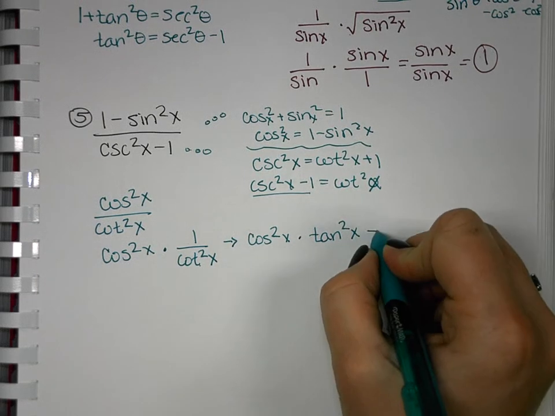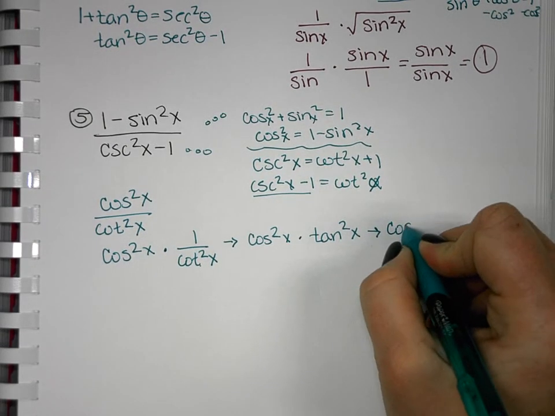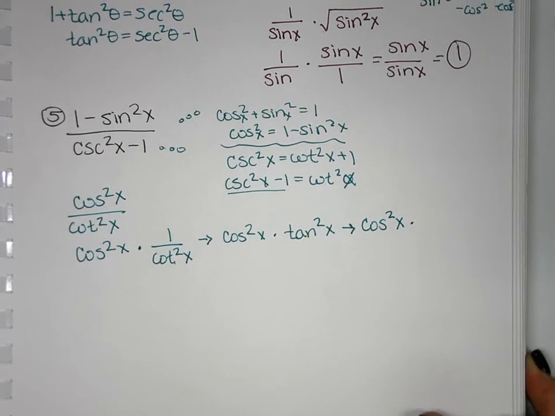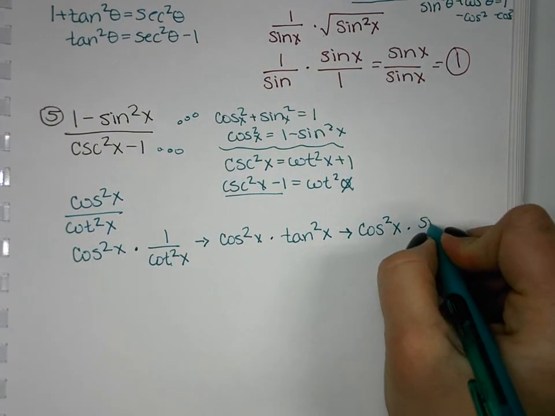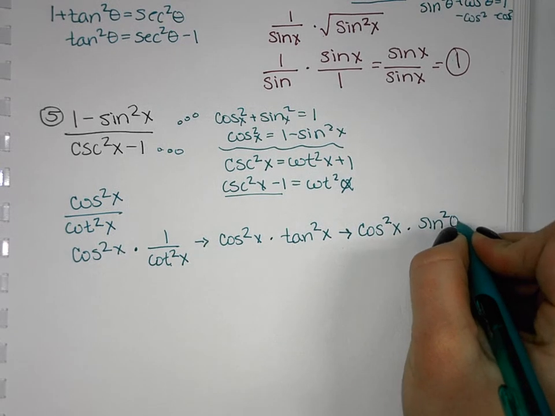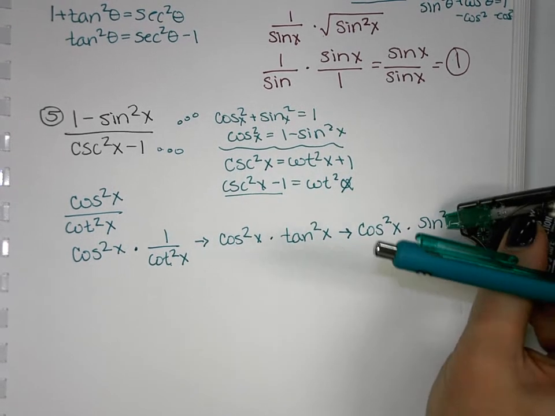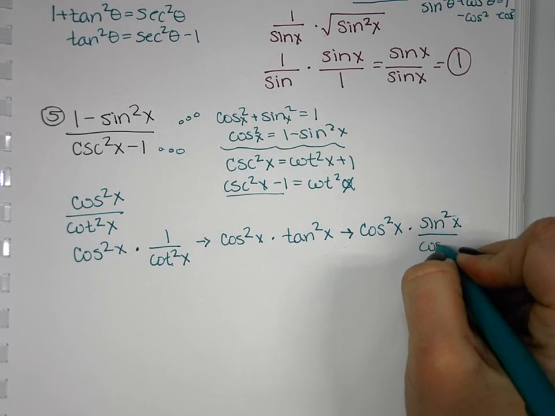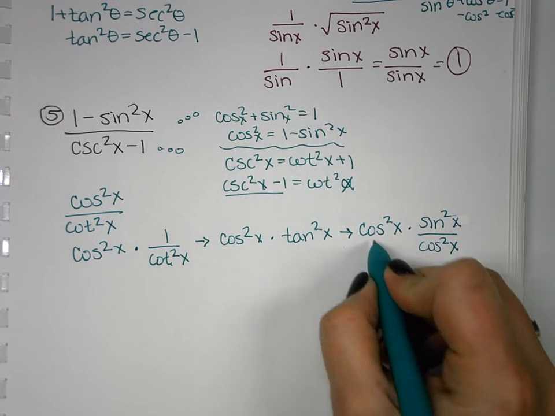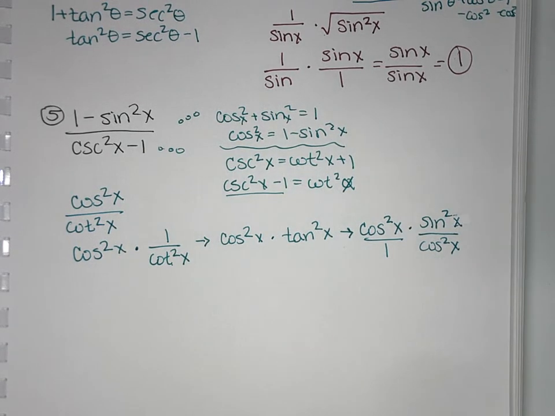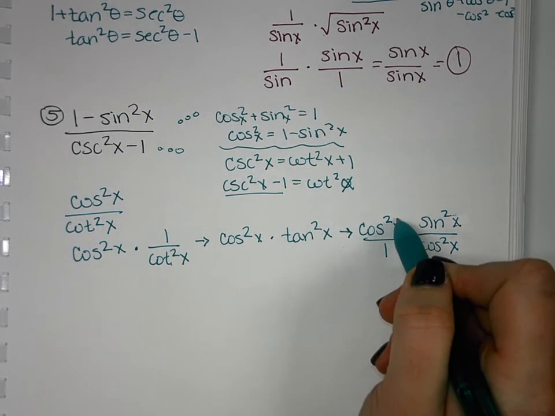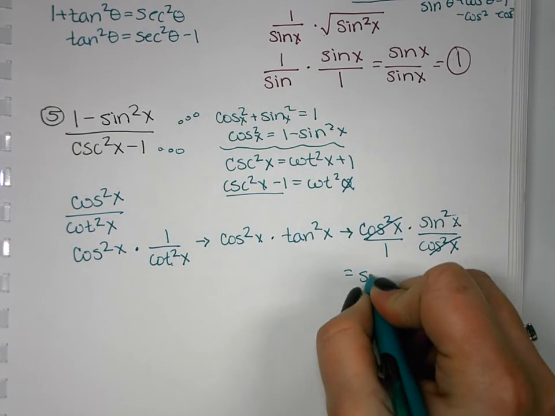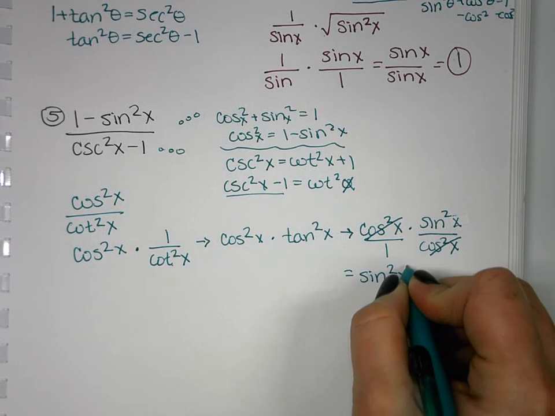And if we look at what tangent squared equals, this is where it's sometimes helpful to break the tangent apart into sine over cosine. Oops, I keep writing theta, and I mean x. So we can rewrite this as sine squared x over cosine squared x. And now we have a fraction that we can multiply and simplify. So cosine squared will cancel with cosine squared, giving us a final answer of sine squared x.